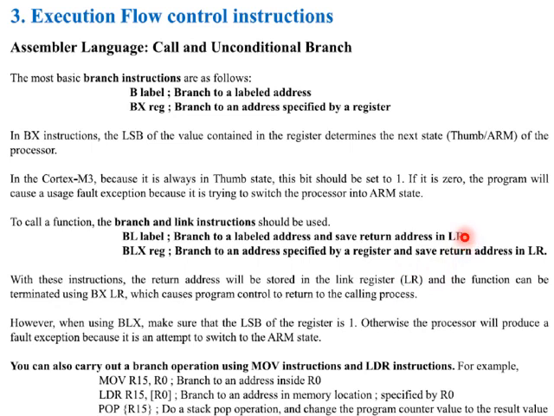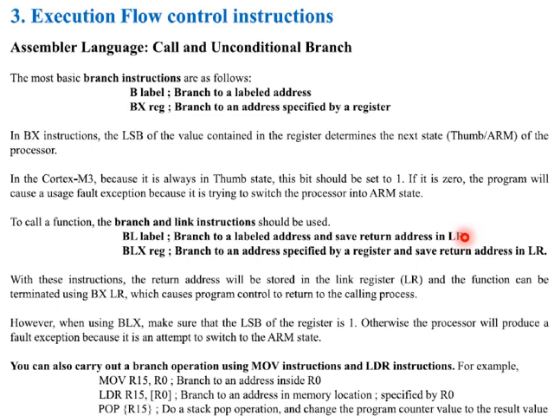Before jumping to that particular location, it has to store its present value in the link register so that it can refer back to the link register while returning to the address.